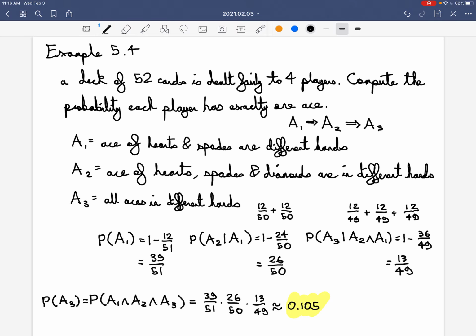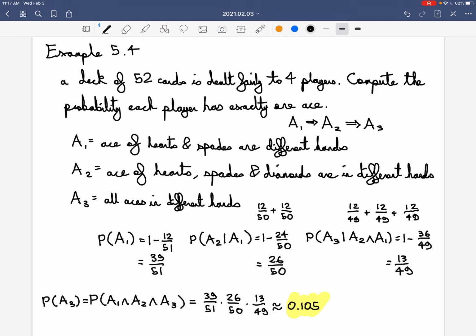Well, there's 12 other spots in the hand with the ace of hearts and 49 cards, including the ace of clubs, other than the 3 aces that have been previously distributed. So there's 12 spots for the ace of clubs in the hand with the ace of hearts, and it has a 1 over 49 chance of filling each of them.